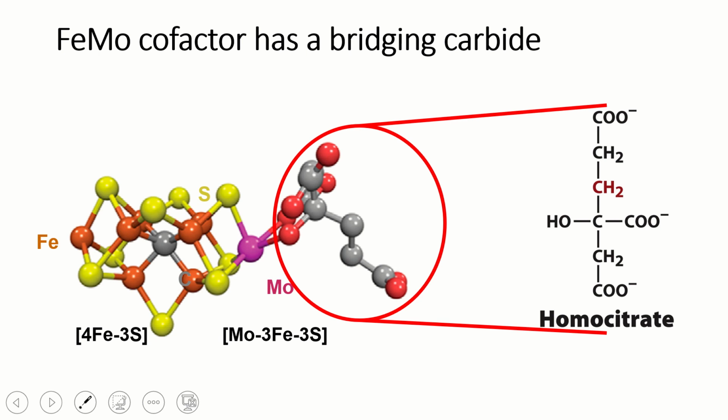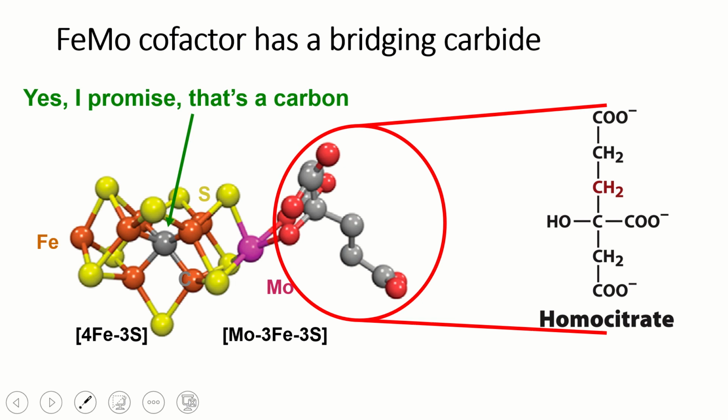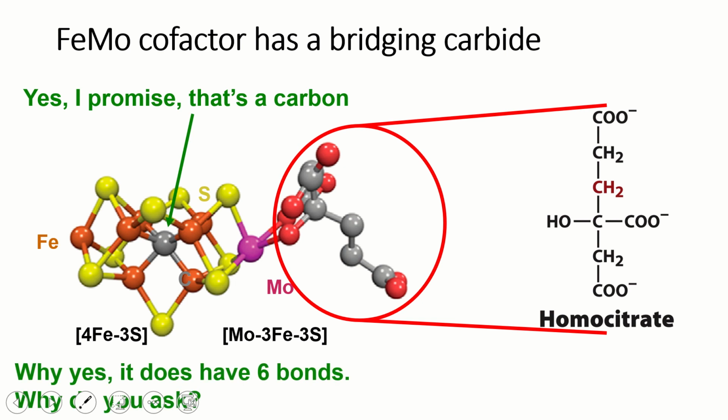But this has recently been found to be carbon. This was determined by a combination of high-resolution X-ray crystallography and also spectroscopy, done in two separate studies that confirmed that this is a bridging carbide in the middle of this iron molybdenum cofactor.